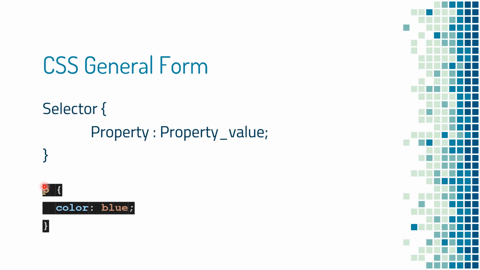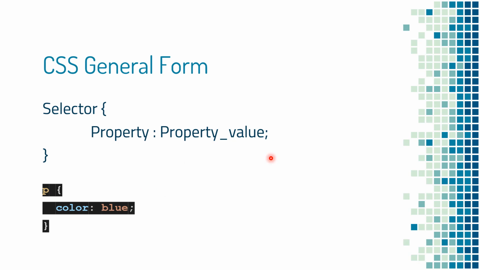Here the selector is the tag name P, or paragraph, and the property name here is color, which is used to define the color of the text. And here the property value is blue.